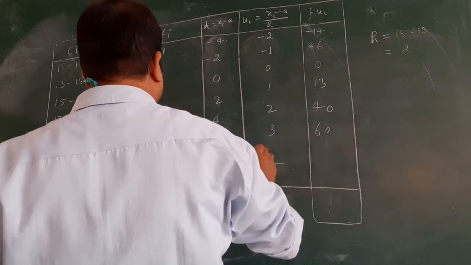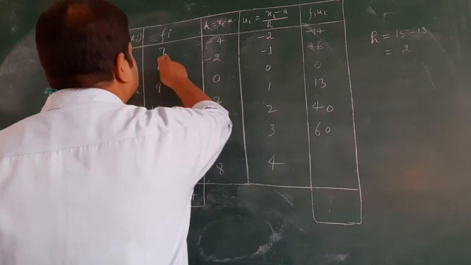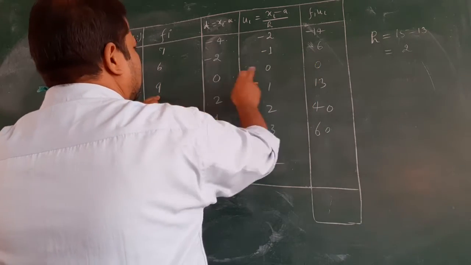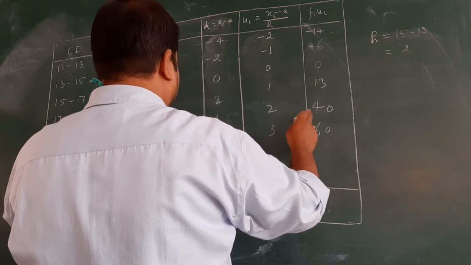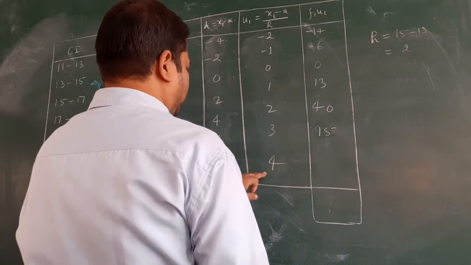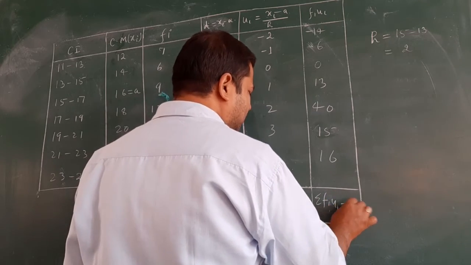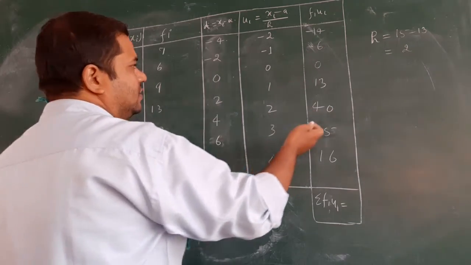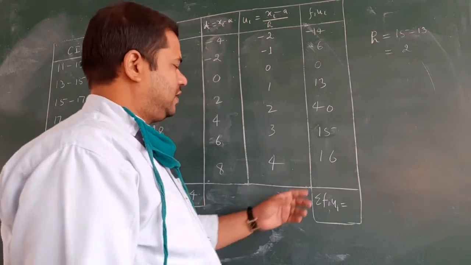Wait a minute. 7 into minus 2 is minus 14, 6 into minus 1 is minus 6, 9 into 0 is 0, 13, 20, 40, 15 and 16. So what will be the value of sigma of fi ui? It is added, minus 20 plus 40, and since everything was divided by 2, it becomes half of it. Let me check.